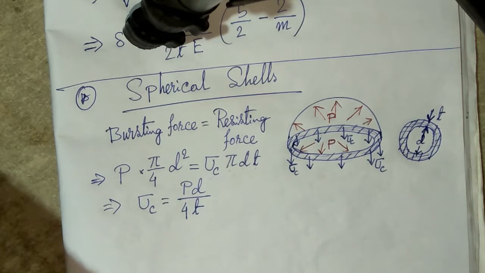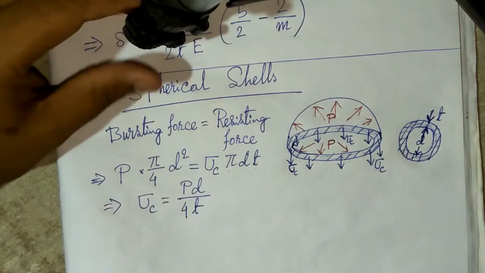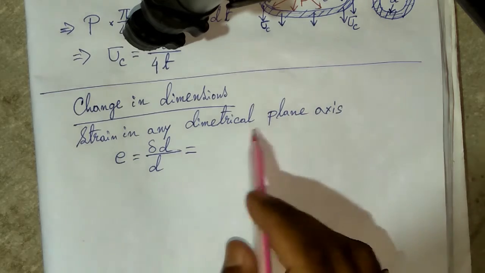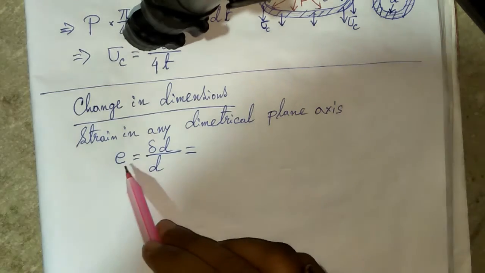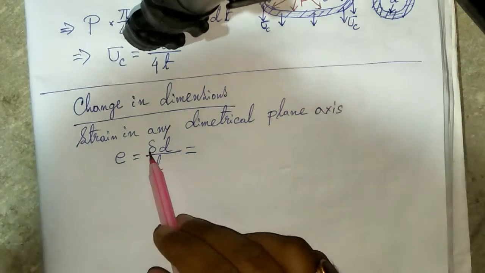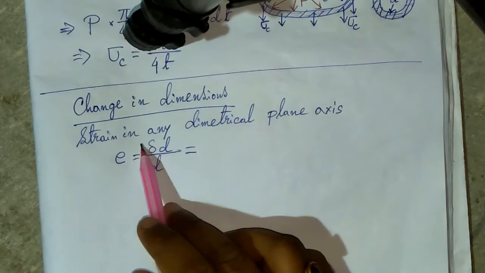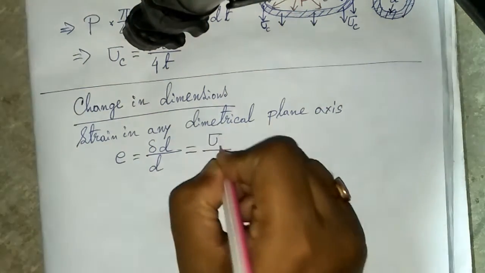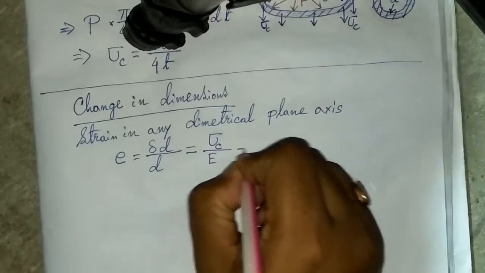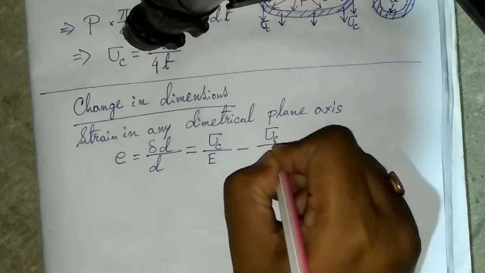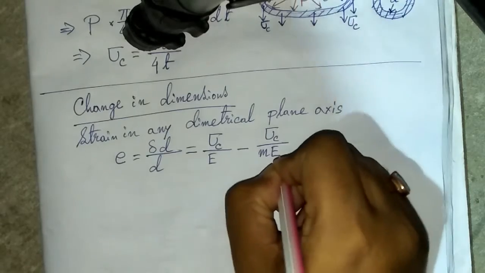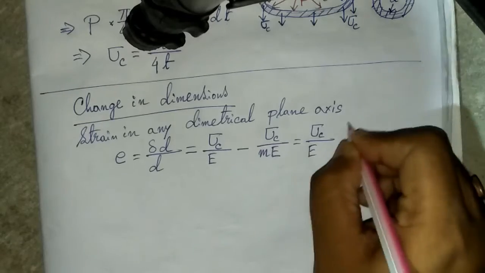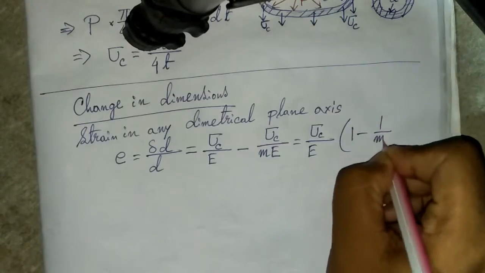Now the change in dimensions. The strain in any diametrical plane is e, that is delta d by d, the change in diameter by the actual diameter. So that equals sigma c by E minus sigma c by m into E, so that is sigma c by E into (1 minus 1 by m).